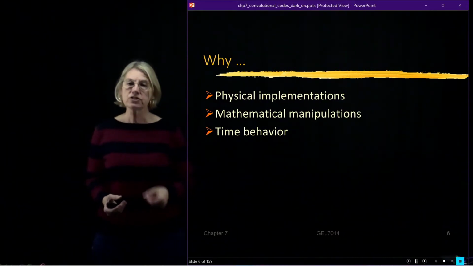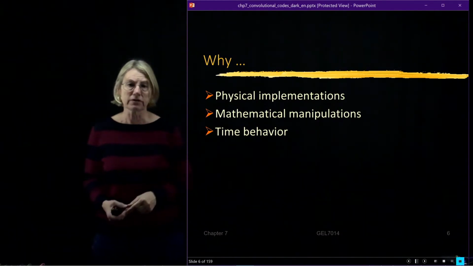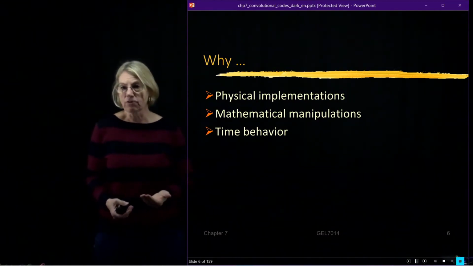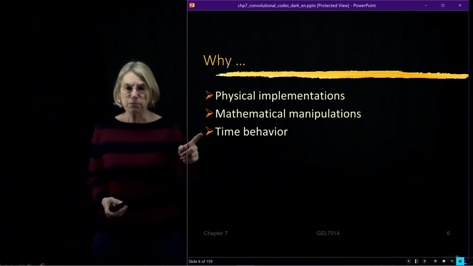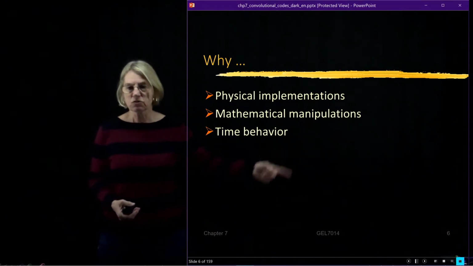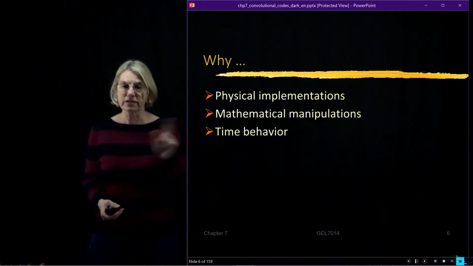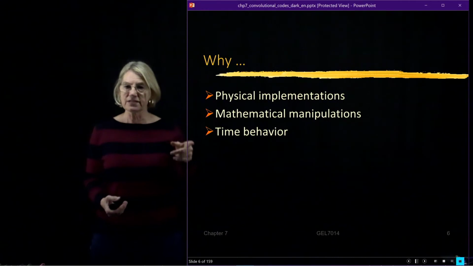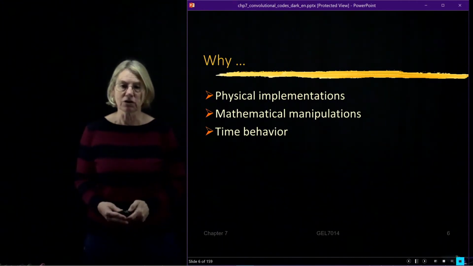However, when you're trying to determine what is a good code, this representation is very important and becomes involved in very high-level mathematics in order to optimize your codes. And the last part is to understand what's going on as time goes on. So it's sort of the time-dependent behavior of the encoder. And this will be important to understand how we go through the decoding process. So 3 different reasons why we look at 6 different representations of the convolutional encoder.